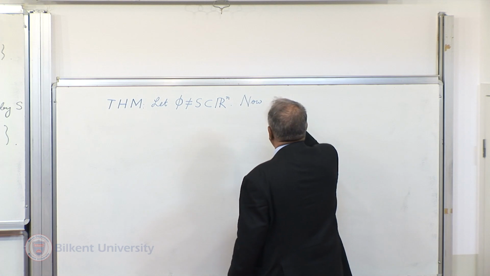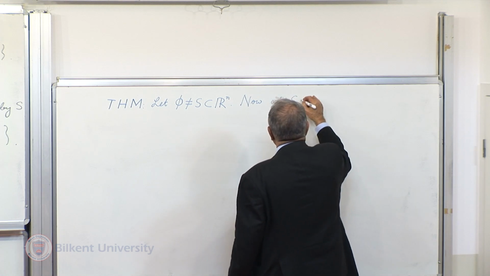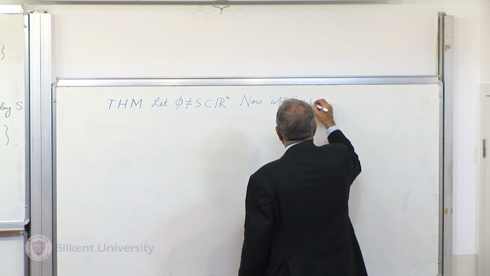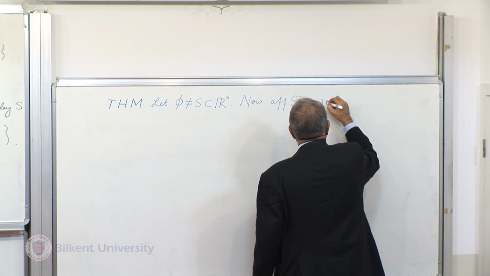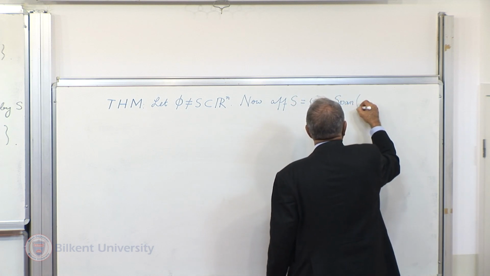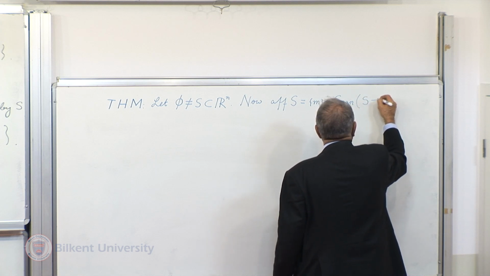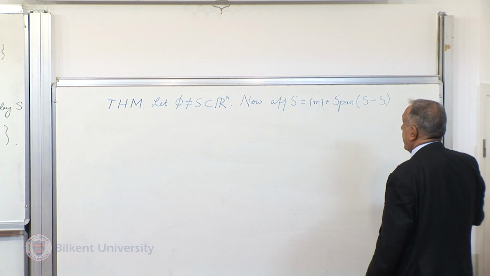Now, affine hull of S will be equal to singleton M plus the subspace spanned by the set S minus S.